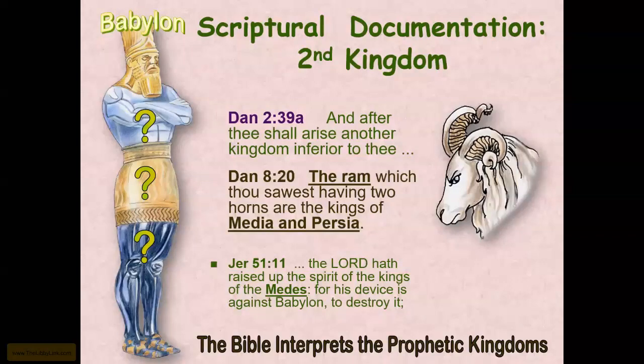The ram which thou sawest, having 2 horns, are the kings of Media and Persia. Jeremiah 51:11. Yahweh has raised up the spirit of the kings of the Medes, for his device is against Babylon, to destroy it. So again, the Bible interprets the prophetic kingdoms, and now we know the silver chest and arms is Medo-Persia, without a doubt.